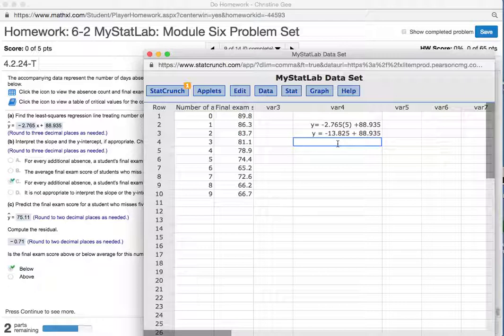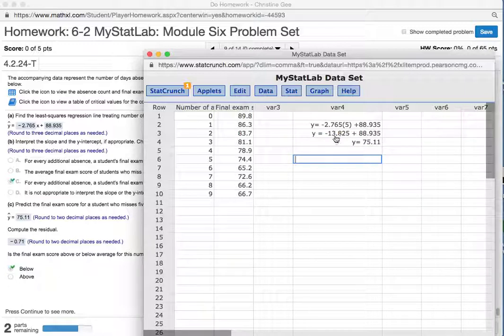So negative 13.825 plus 88.935, and I'm coming up with the predicted value of 75.11.